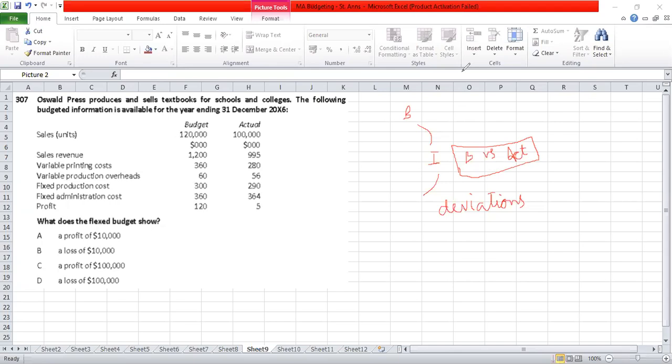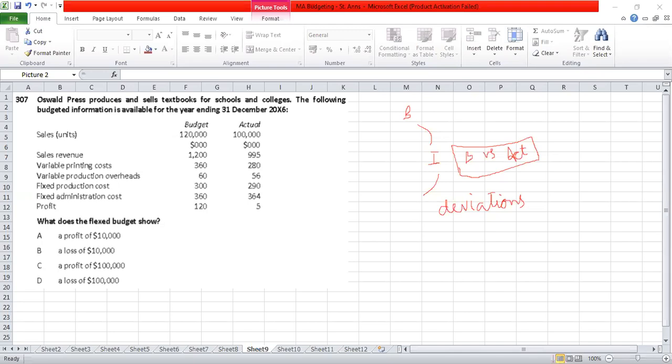When the comparison has to happen, it should always be on par. That is important. When budgets are prepared, something is forecasted for the future.